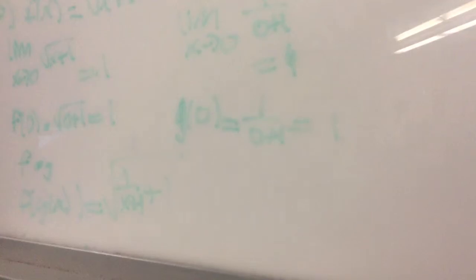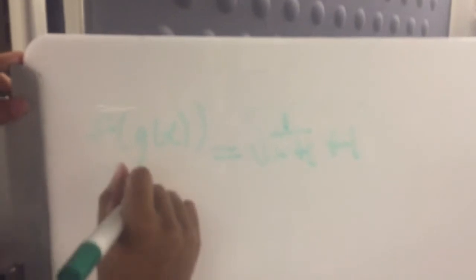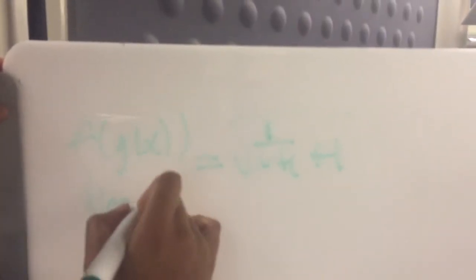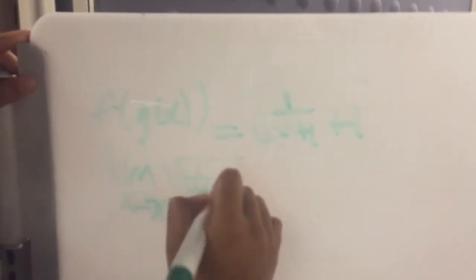The limit as x approaches 0 would equal the square root of 1 over 0 plus 1, plus 1, which should equal the square root of 2. So now let's check f of g of 0. That would equal the square root of 1 over 0 plus 1, plus 1, which again equals the square root of 2. So therefore this is continuous, which is not what we're looking for. We're trying to find what is not continuous.